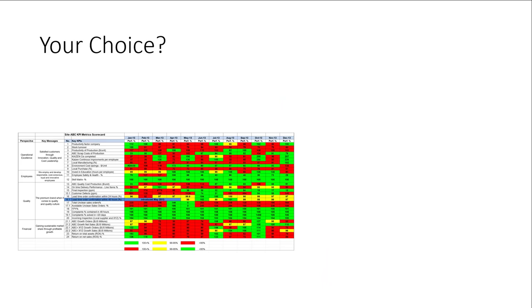This is your choice. Do you think it is best that your organization continue with scorecards that treat each individual data point as something to react to or not, as described in this home to work commute presentation's illustration?